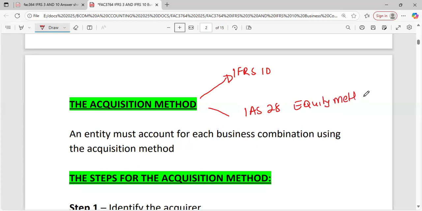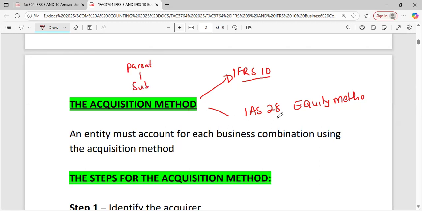So the equity method and the acquisition method are different. The acquisition method is a situation where we have a parent and a subsidiary.